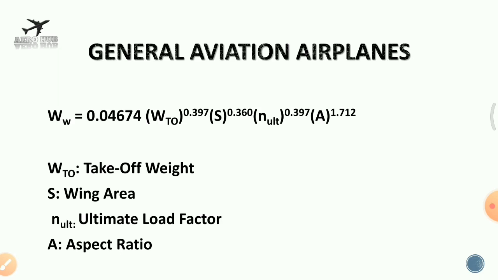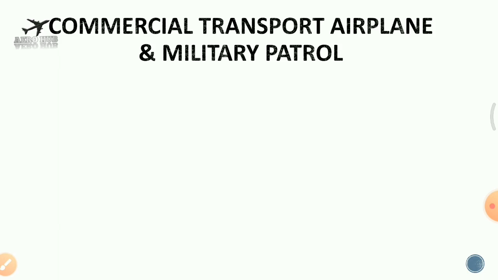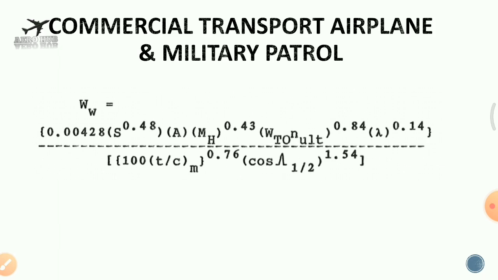Next we will discuss the estimation of wing weight for commercial transport airplanes and military patrol or bombers. We are using the same kind of equation, and it is a very big equation. Wing weight is equal to 0.00428 into the wing area, power 0.48, into the aspect ratio, and we have a term called MH, which is the maximum Mach number at sea level, power 0.43, into takeoff weight into ultimate load factor, power 0.84, into lambda.